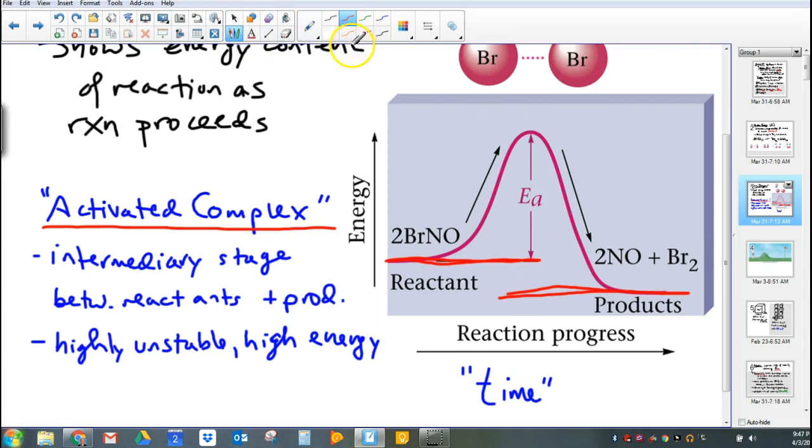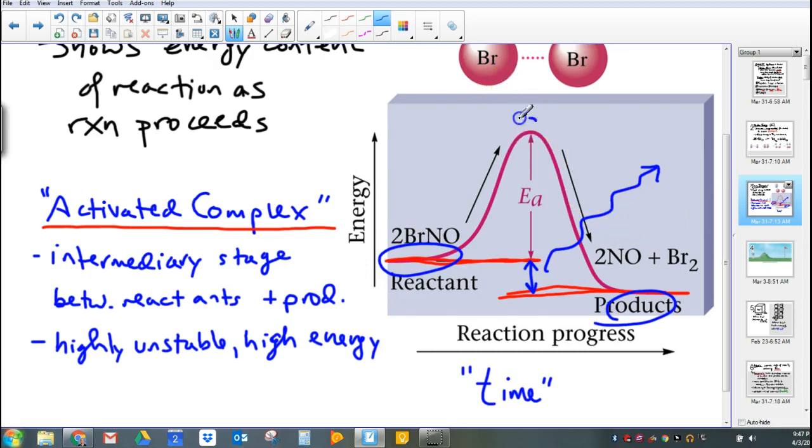The reactants have a higher energy content than the products, and that's shown right here. That amount of energy must be released by the reaction. So this is an exothermic reaction. And once again, the products have a lower energy content than the reactants, so energy must be released.